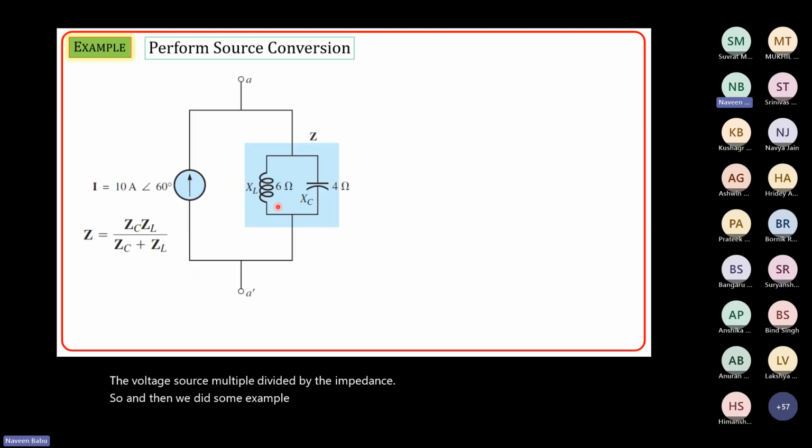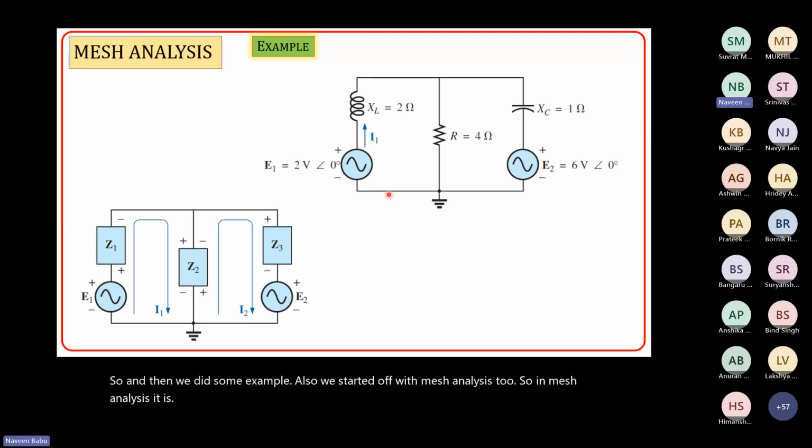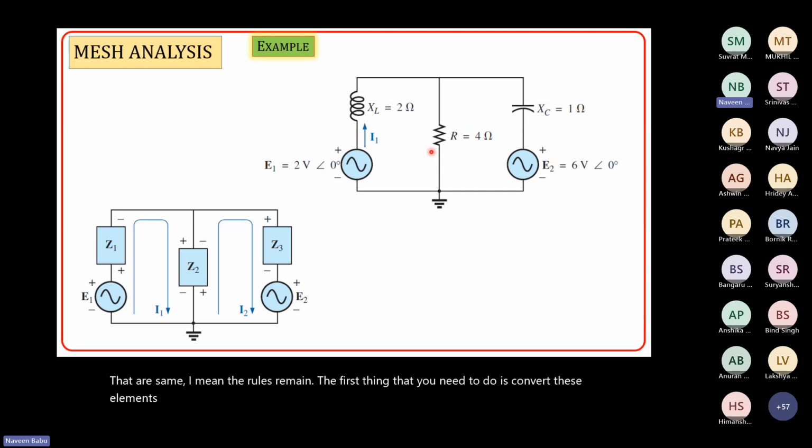We started off with mesh analysis too. In mesh analysis, the rule remained the same. The first thing you need to do is convert these elements into boxes. If you have a resistance and any other element in series, you will combine them together into one single element.